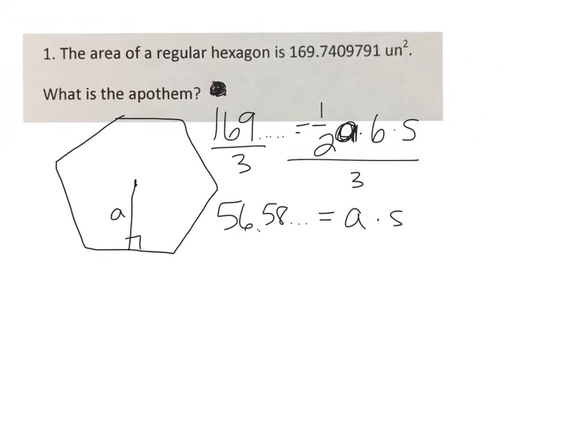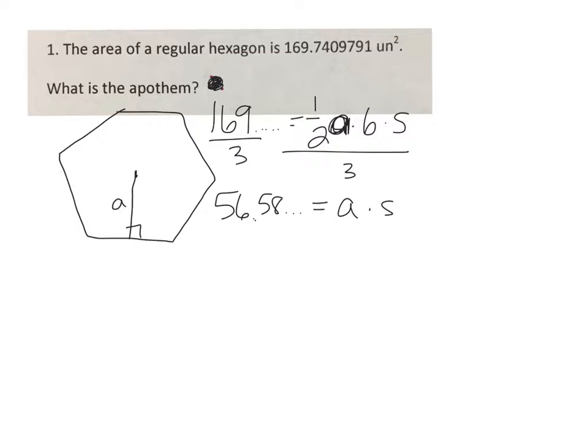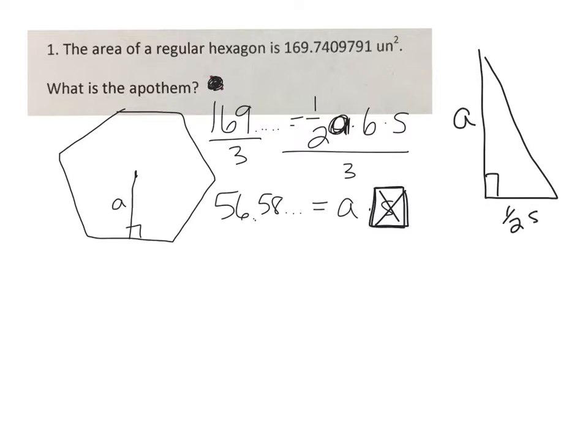So here's where the crux of the problem comes in. We want to find a way to replace s because we can't find two variables at one time. So that's where our nice right triangle comes into play. This is your apothem, this is half of your side length, and this angle for a hexagon is 30 degrees.